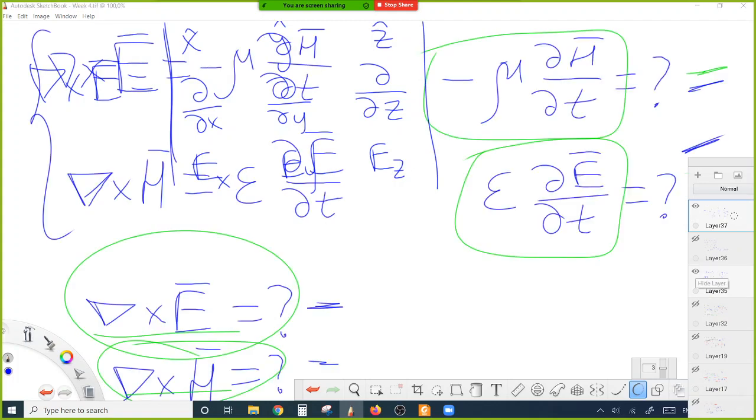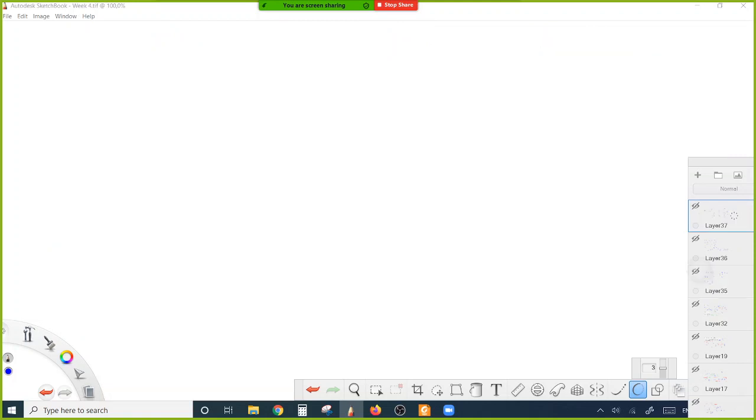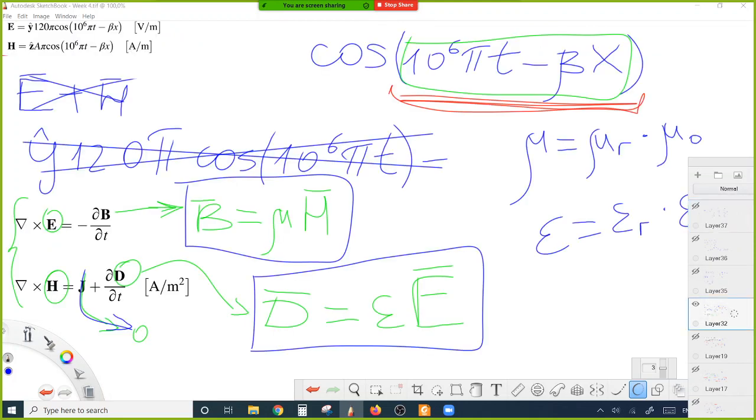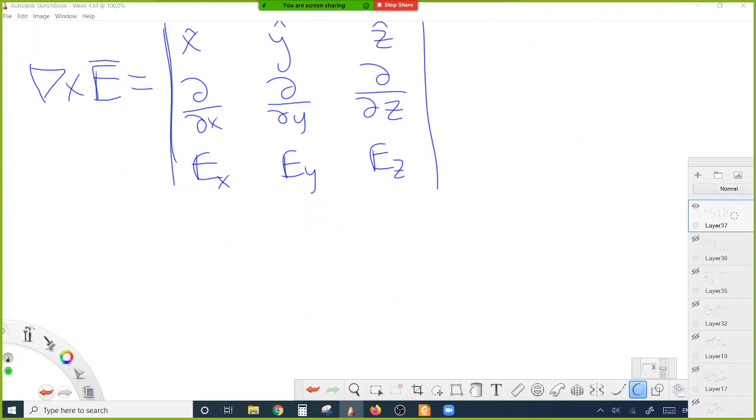Let's see the value of electric field intensity E. It is given here in the corner. Here you can see the electric field intensity has only a component along y. That's why Ez is equal to 0. Ex is also 0.